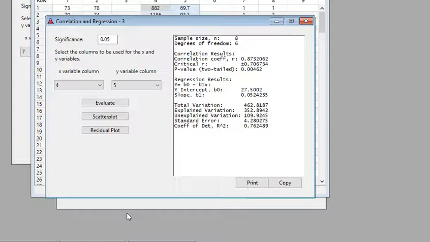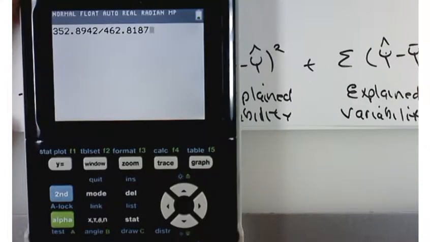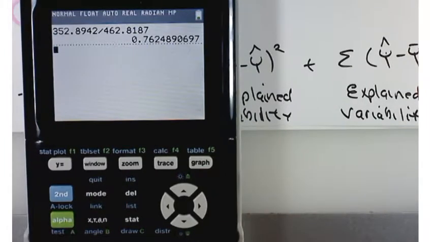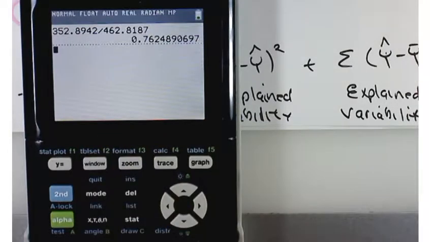So let's check that out. 352.894 divided by 462.8187. That should give me my r squared. Yeah, pretty good. So 0.62. And that's where it comes from.